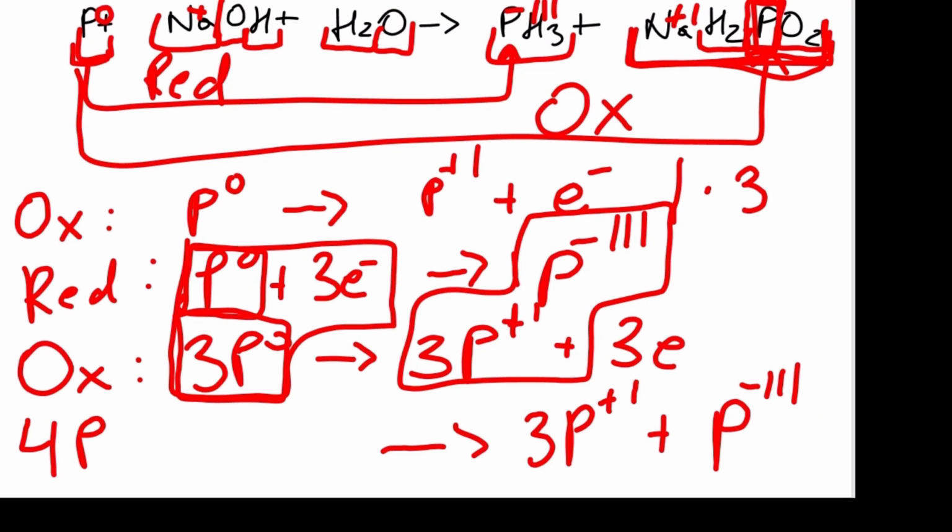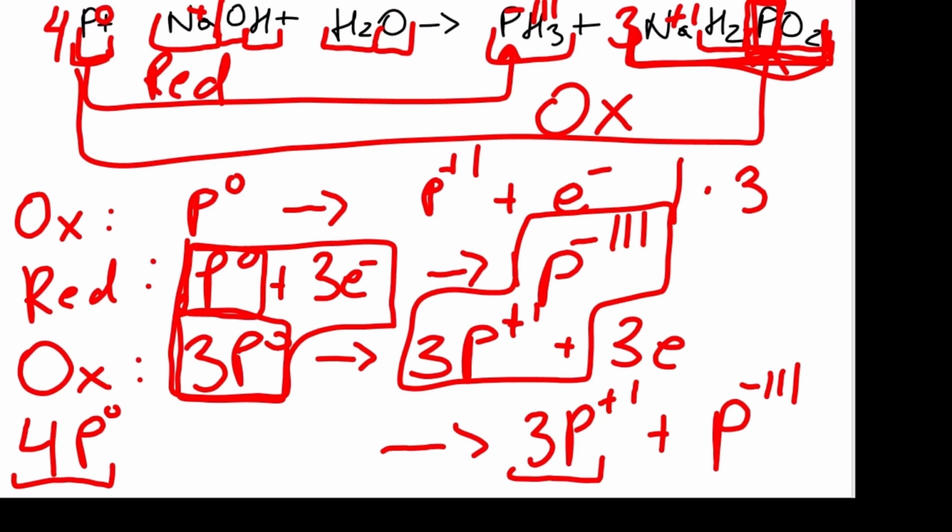So we can now fill the coefficients of the main reaction, which is provided at the top of this page. 4 atoms of phosphorus with oxidation state equal to 0, so we put the 4 in front of this atom. 3 atoms of phosphorus with the oxidation state equal to plus 1, so we get 3 in front of this sodium salt.